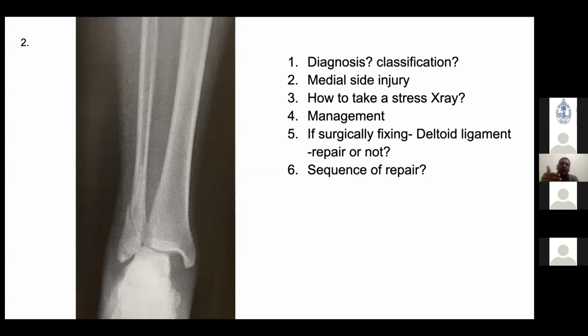Can you say the different stages of supination external rotation injury? There are different stages described. What is the thing that first happens? Different books say different things. Some books say that the deltoid ligament is actually stressed first. But by classical teaching, what are the different stages?